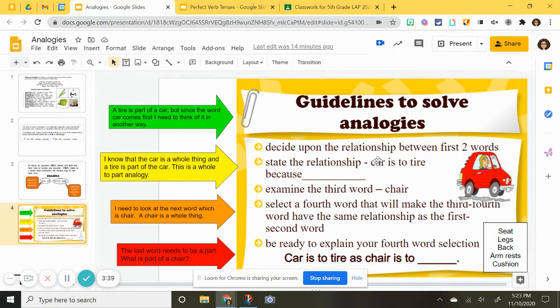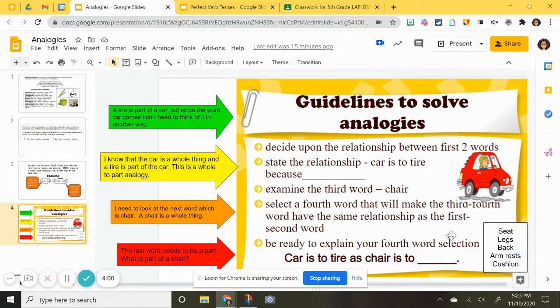Remember, whatever word is first needs to have that same match. The order is very important. So if a car is the whole thing and a tire is a part of a car, I need to think, what is a part of a chair?